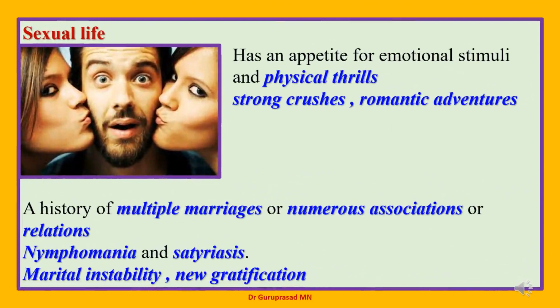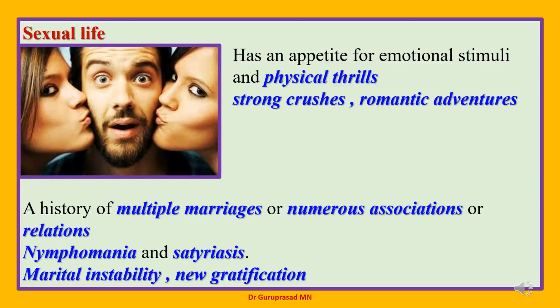We'll see about Phosphorus in sexual life. As the person is so glamorous, extrovert, so diffusive, full of energy and enthusiasm, he has an appetite for emotional stimuli and physical thrills too.